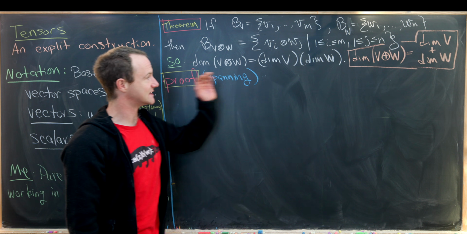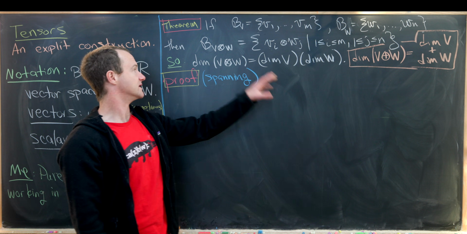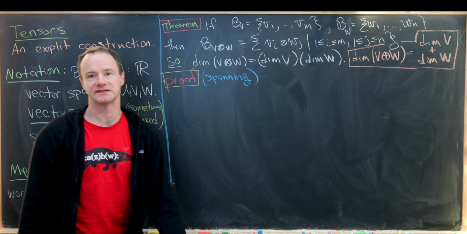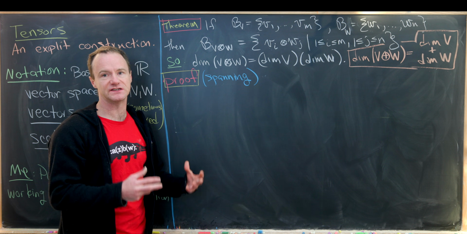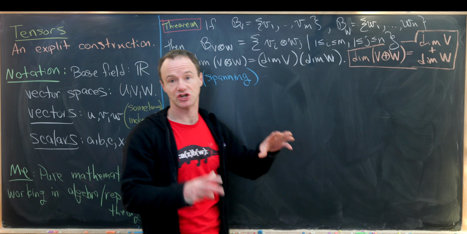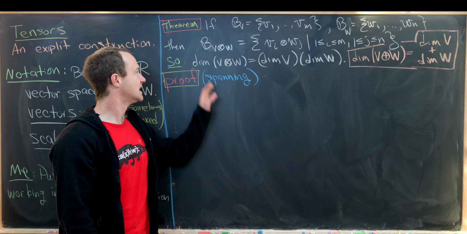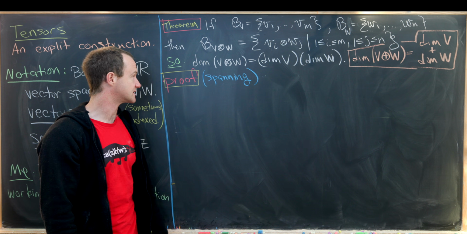And what's nice is that the direct sum will add the dimensions, whereas the tensor product multiplies the dimensions. So I think that's a nice holistic view of these two kinds of things. This is a generalization of addition, but for vector spaces. And this is a generalization of multiplication, but for vector spaces.